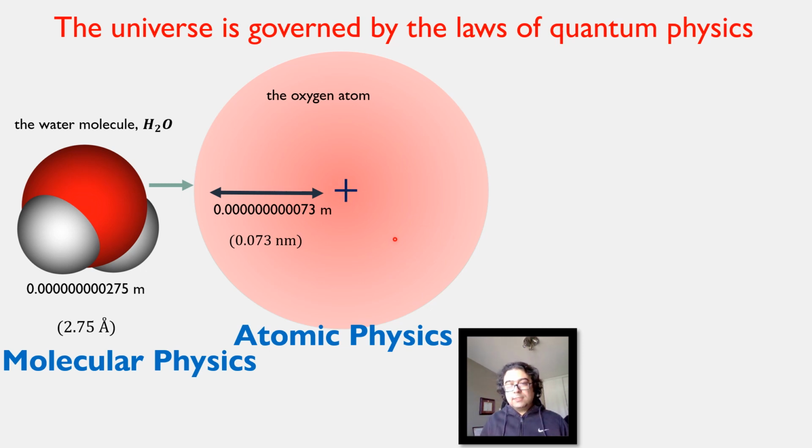So most of the atom is empty space. That means most of matter is empty space, because eventually everything else is made out of atoms. And if atoms are mostly empty space, that means matter is mostly empty space.